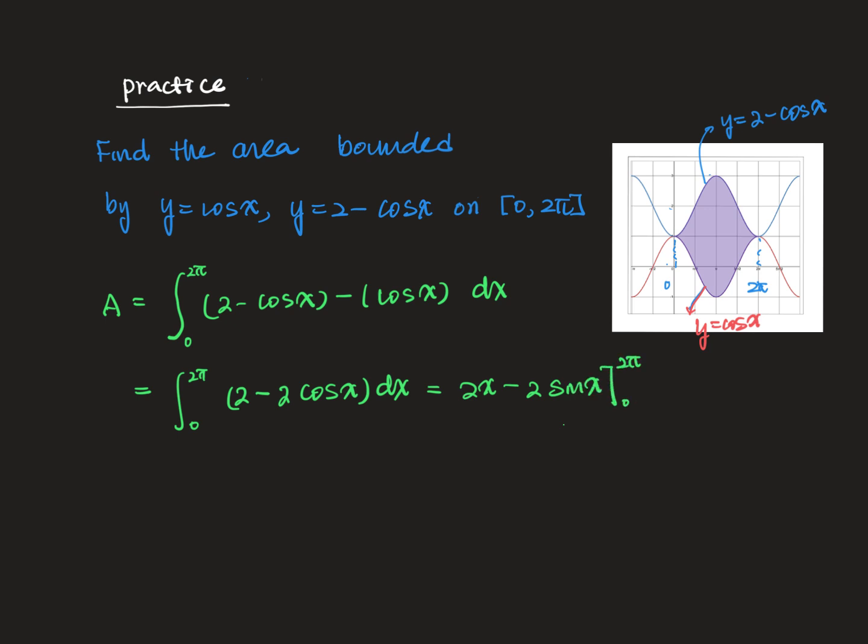You plug in x equals 2 pi, that's 4 pi minus 2 sine 2 pi. Minus, plug in the 0: 0 minus 2 sine 0. If you remember the trigonometry values for the special angles, this is 0, this is 0. So the answer is 4 pi.